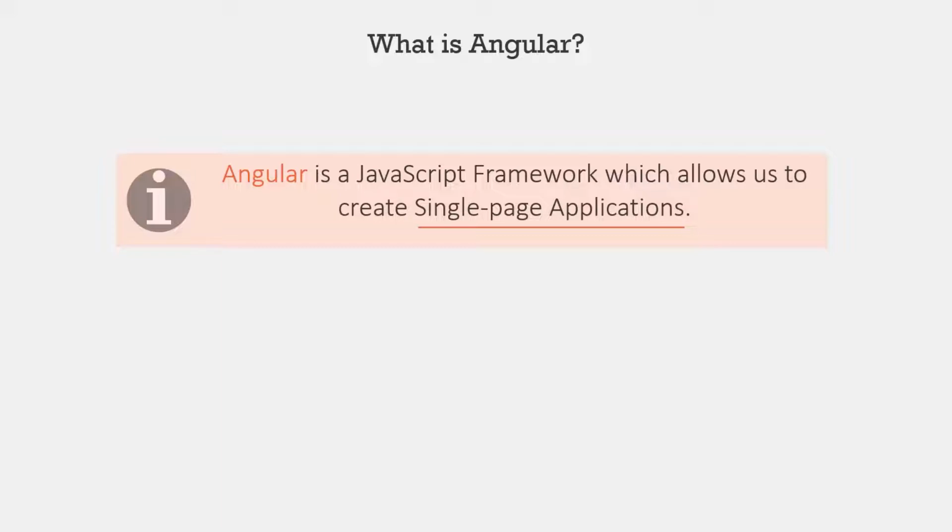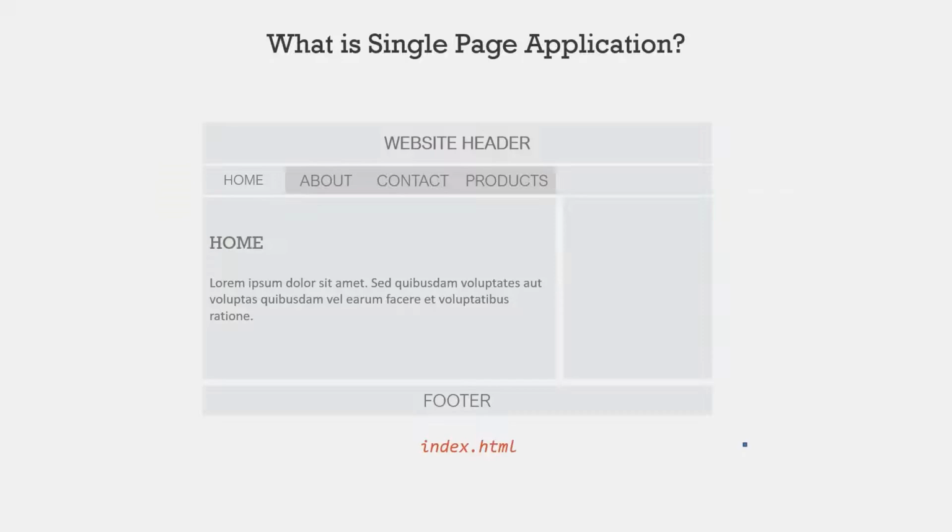Let's understand this with an example. So here we have a demo website with header, navigation bar, main content area, sidebar and a footer. And this web page is rendered in the browser when we load index.html in the browser. And currently, this web page is displaying content related to home section.